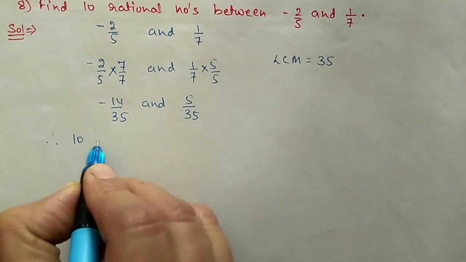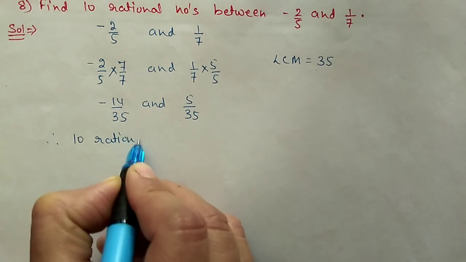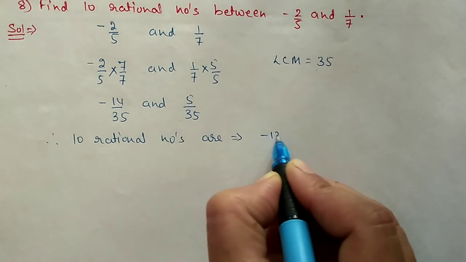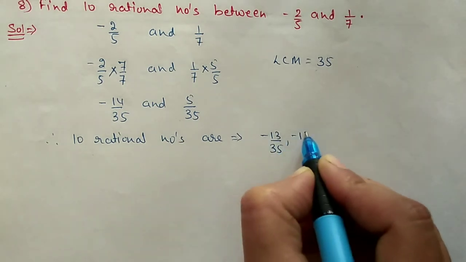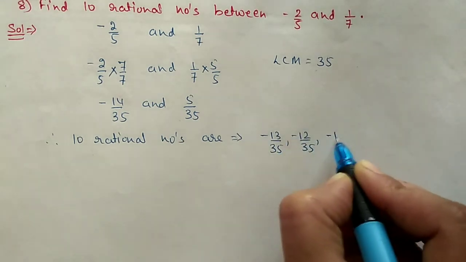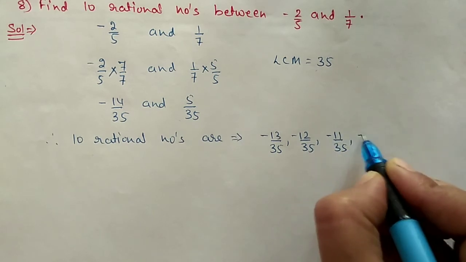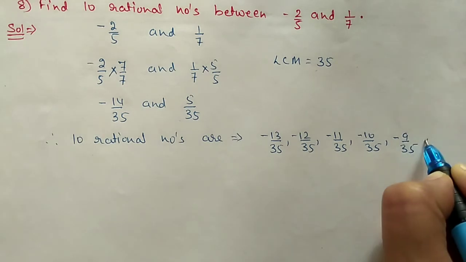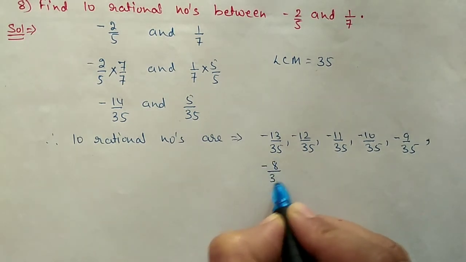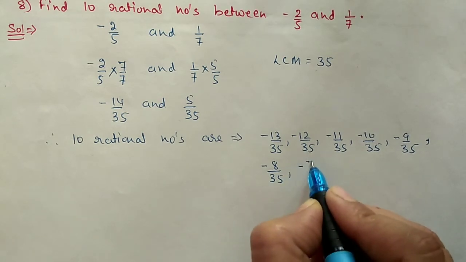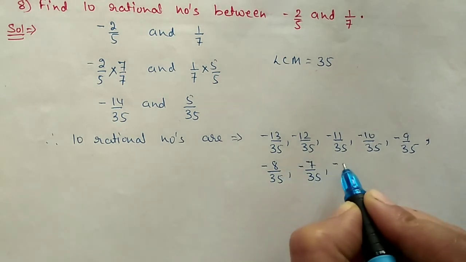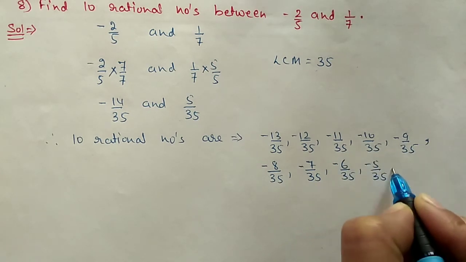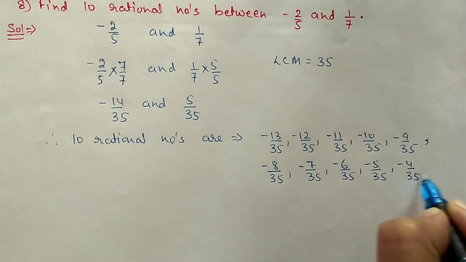Therefore the 10 rational numbers are minus 13 by 35, minus 12 by 35, minus 11 by 35, minus 10 by 35, minus 9 by 35, minus 8 by 35, minus 7 by 35, minus 6 by 35, minus 5 by 35 and minus 4 by 35.